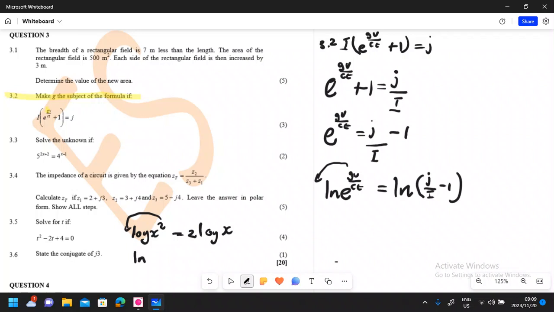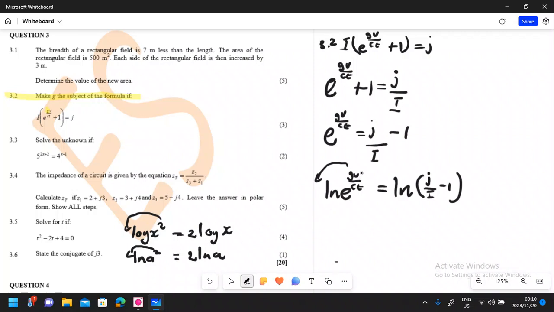So if we have log, let's say a squared, you can also write it like that. You take this 2 here, and then you have 2 natural log a. Guys, natural logs and the standard logs, they are all the same. They might have different bases, but they have the same principle, guys.